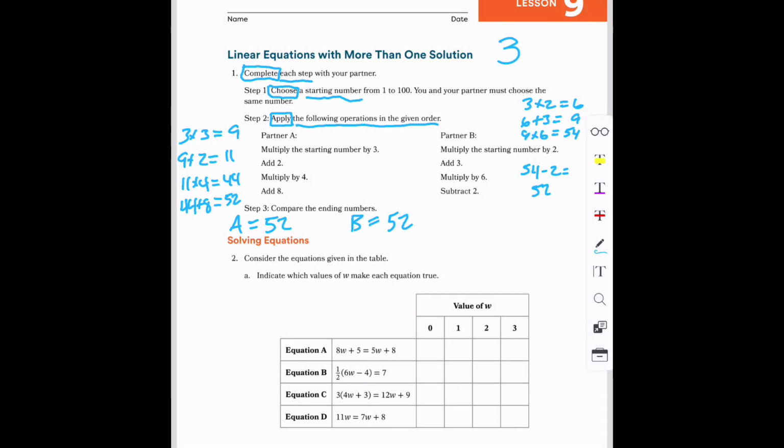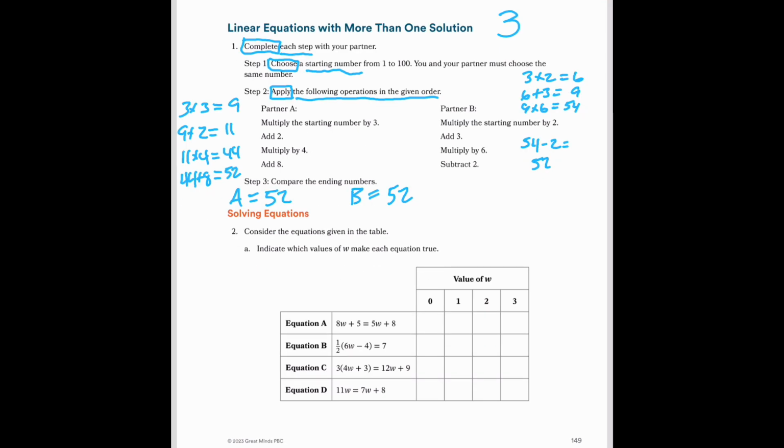Okay, back on page 149, number 2, it says consider the equations given in the table. Okay, so the action is to consider the equations given in the table. All right, it says indicate, that's our verb, which value of w makes each equation true.